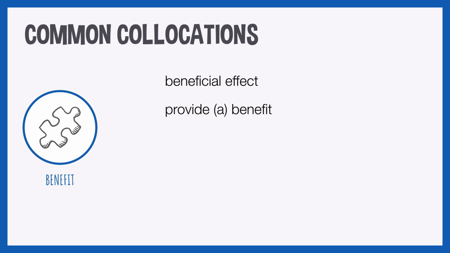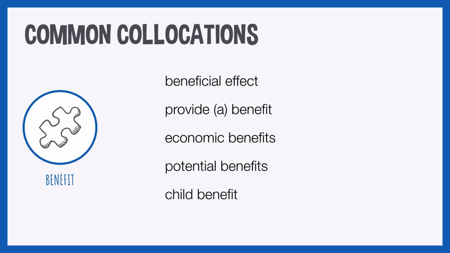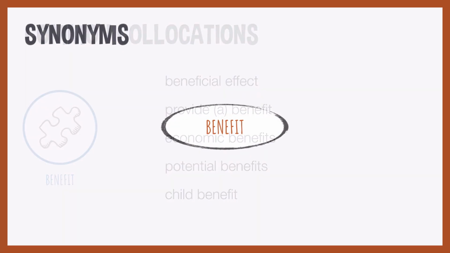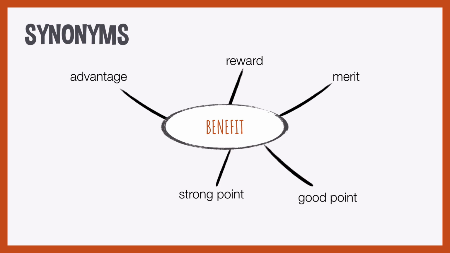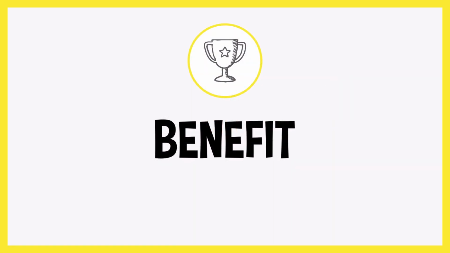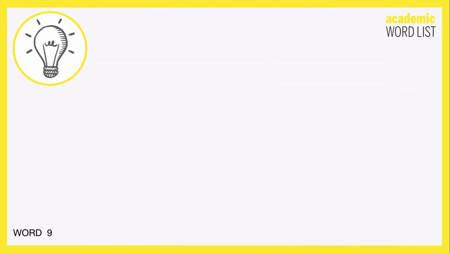You can provide a benefit, economic benefits, potential benefits, and very common in Britain, child benefit, which is something that the government gives to families if they have children. Some synonyms for benefit: advantage, reward, merit, good point, strong point, strength. So that's the word benefit.